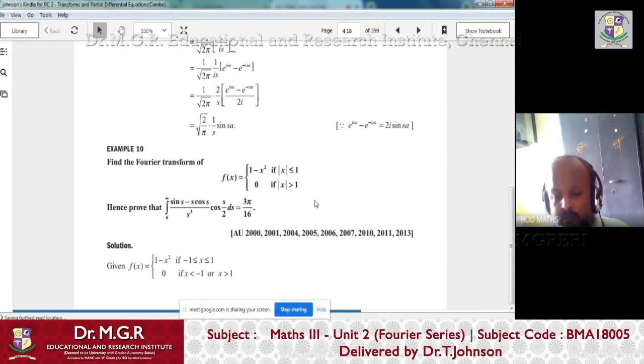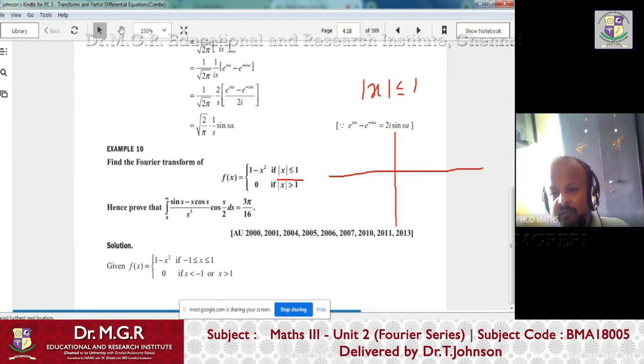Then here they put mod x less than or equal to 1. What is the meaning of mod x less than or equal to 1? The meaning is that you can take any value for x, but its magnitude should be less than or equal to 1. So if you take any value between 0 and 1, mod x is always less than or equal to 1.